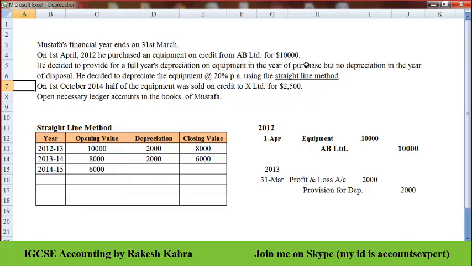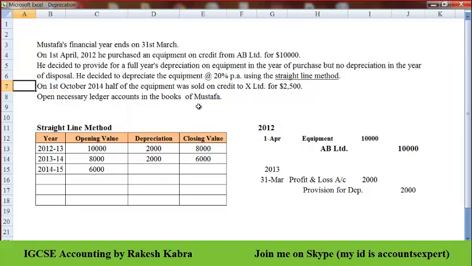Now as per the condition, in this year he will not charge any depreciation, because this is the year in which he sold that equipment. So there will be no depreciation. So we will not pass any entry for the depreciation. Immediately we will record the entry for the sale and the entry for profit or loss on sale of equipment.